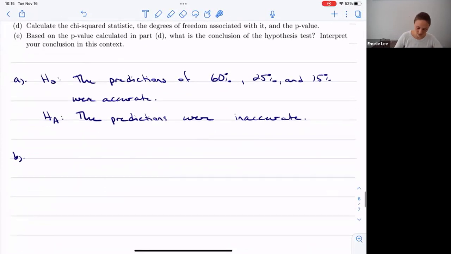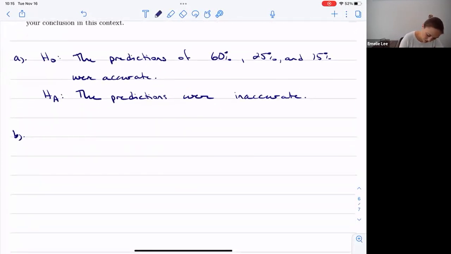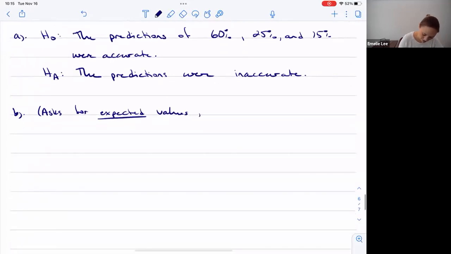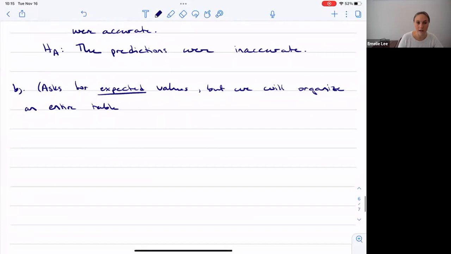I'll make a note here: it asks for expected values, but we will organize an entire table to simplify our calculations later.